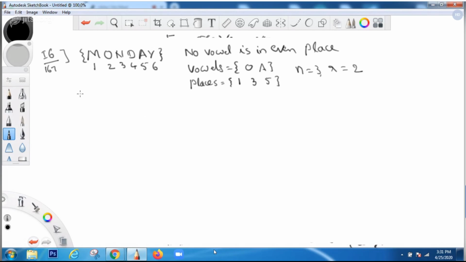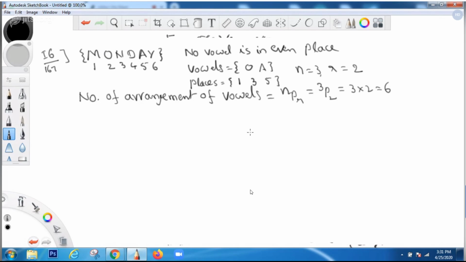The number of arrangements of vowels is given by the formula nPr, which is 3P2, equal to 3 into 2, equal to 6. So we have found the arrangement of vowels.